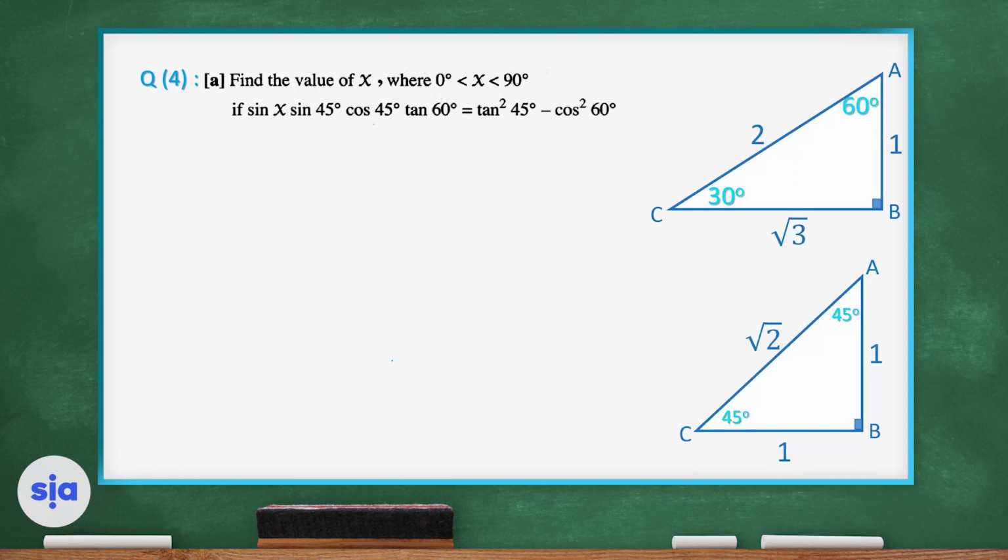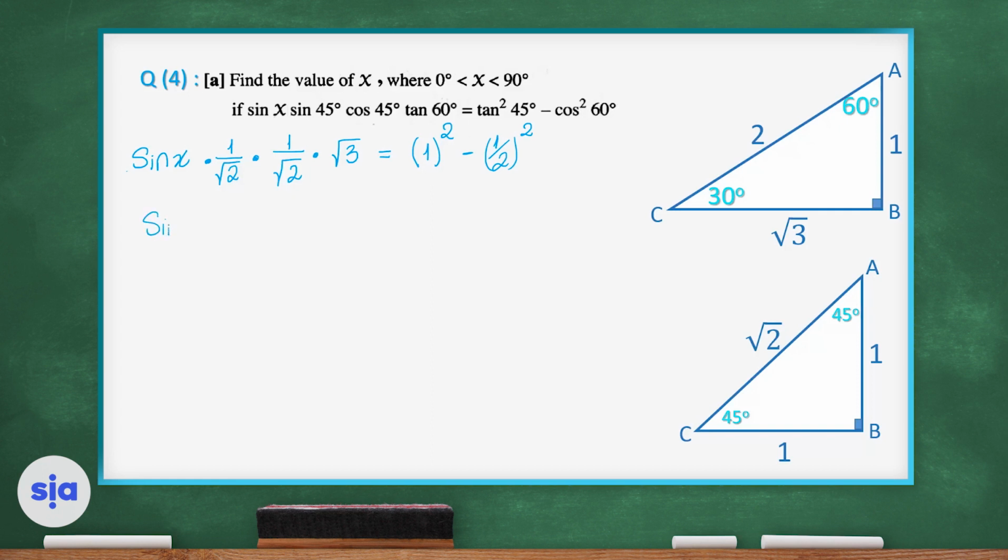Let's start evaluating each of the trigonometric functions. Sine x times sine 45, which is 1 over root 2, times cosine 45, which is 1 over root 2, times tan 60, which is root 3, equals tan 45, that is 1 squared, minus cosine 60, which is half squared.